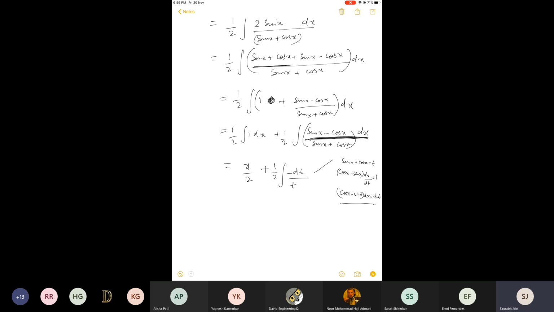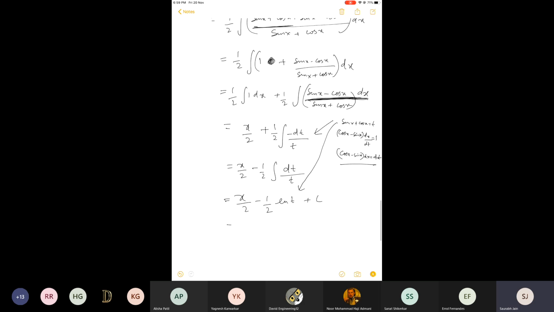In place of sin x plus cos x we have t. Then integration of 1 by t is ln t. Finally, in place of t, you can put sin plus cos.